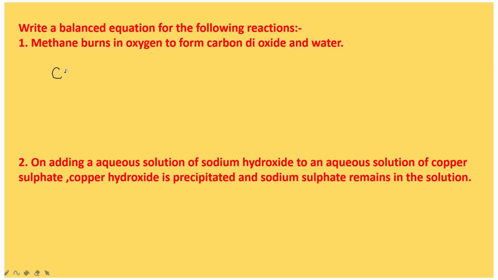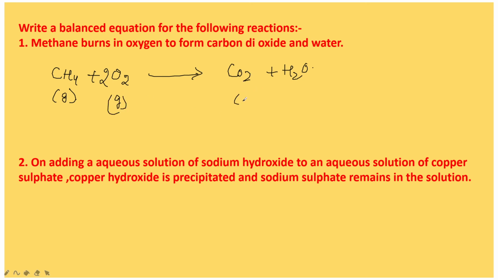CH4 plus O2 gives rise to CO2 plus H2. Whether it is balanced or not, just see. And state of matter is written or not written. CH4 is a gas. Here it is 2O2, it is also a gas.